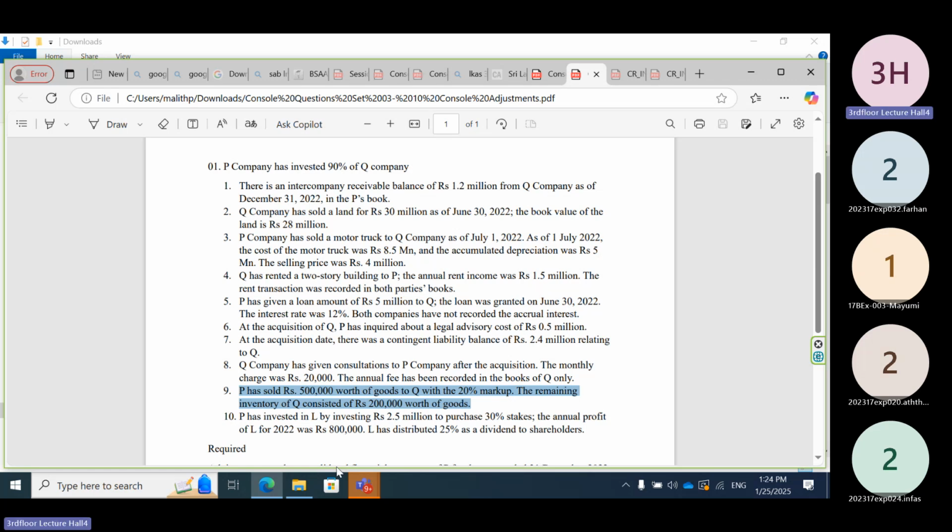From 500,000, they are remaining with 200,000. Margin, markup 20.